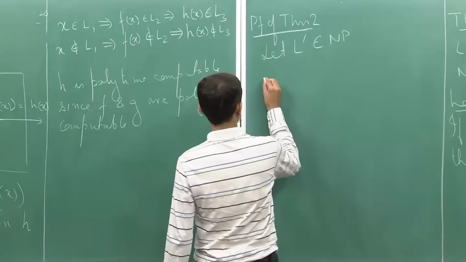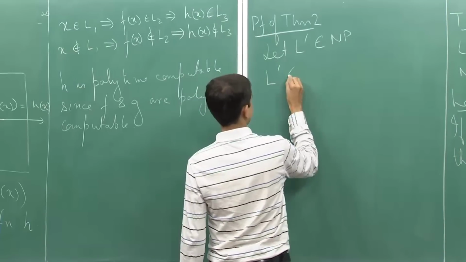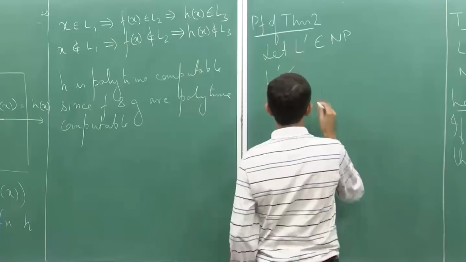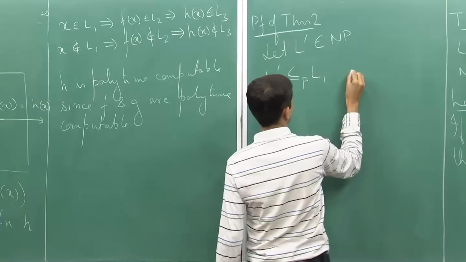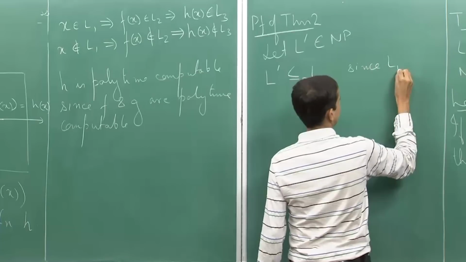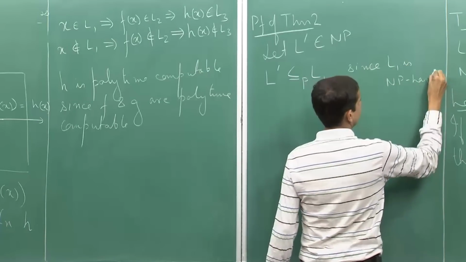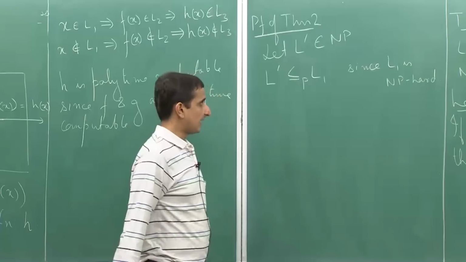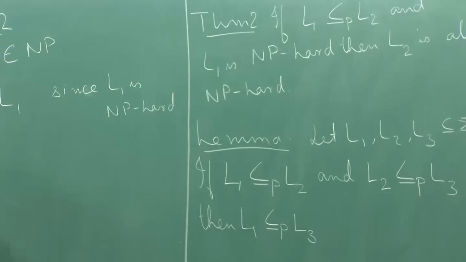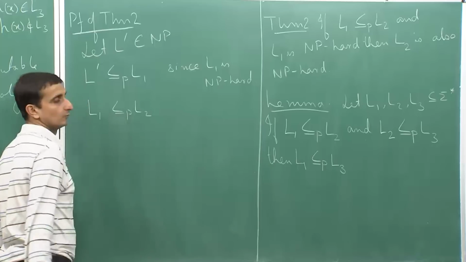So, we have that L prime reduces to L1, since L1 is NP hard, and of course, we also have another statement that L1 reduces to L2.